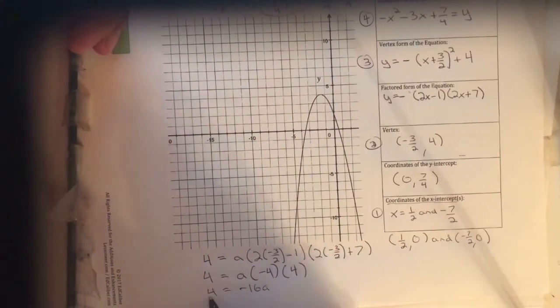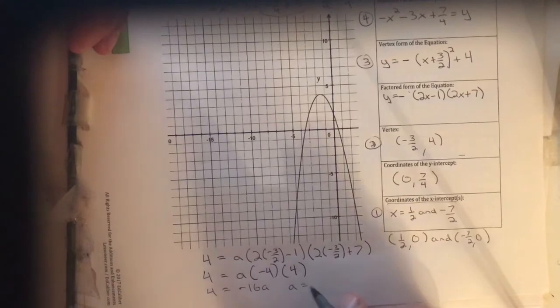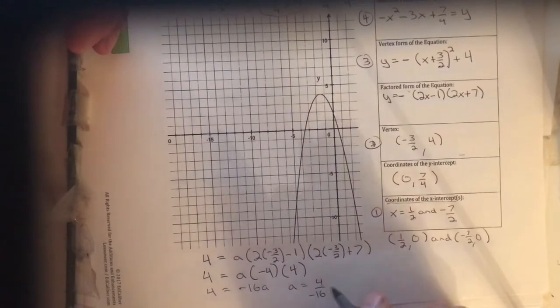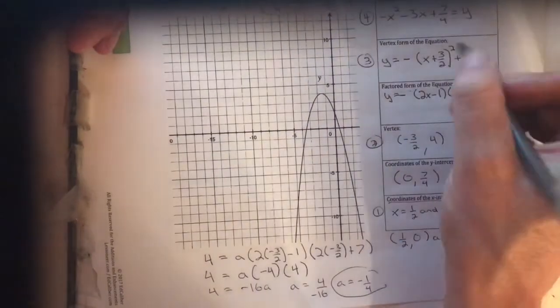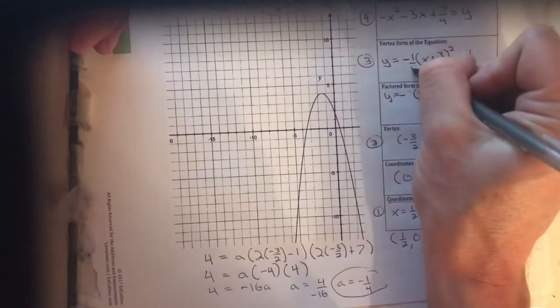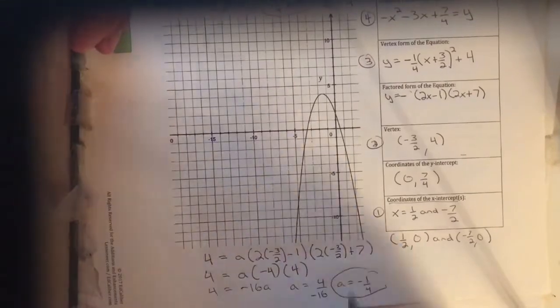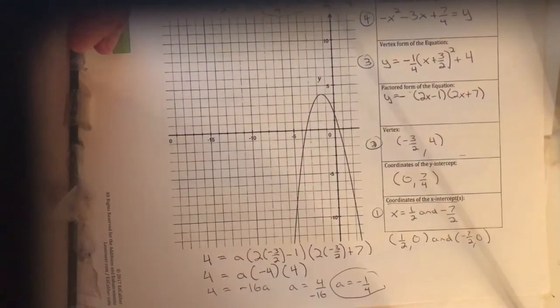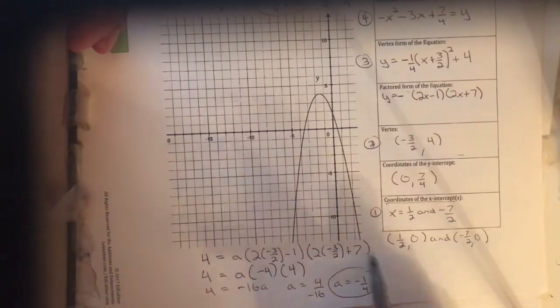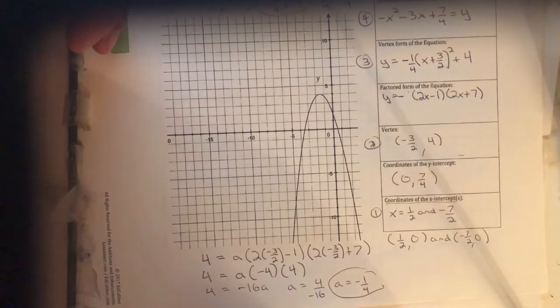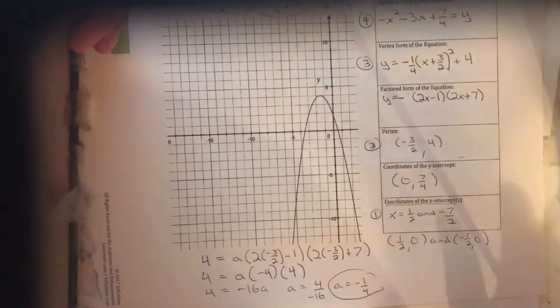And then when I divide both sides by -16, I have a is equal to 4 over -16, and then a is equal to -1/4. And then I'm going to put it right here. And now everything is complete and correct. So again, this is how we get a, and that is the main new thing of this video. Thank you.